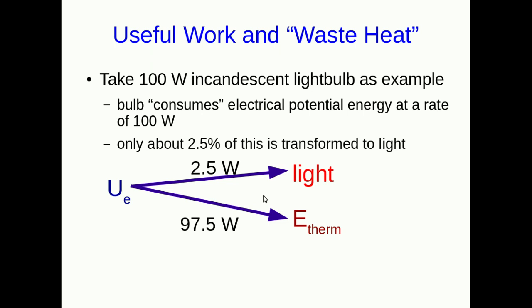So a piece of terminology we often use is that the form of energy transformation that we want, in this case usually from the electrical potential energy to the light, is what we call the useful work for this process, whereas this thermal energy is called waste heat.